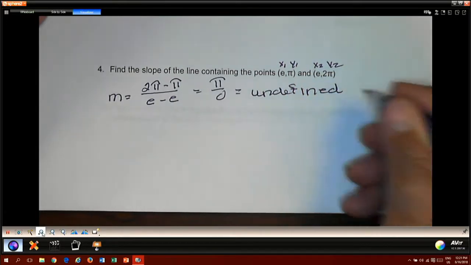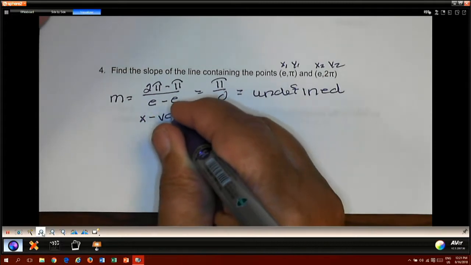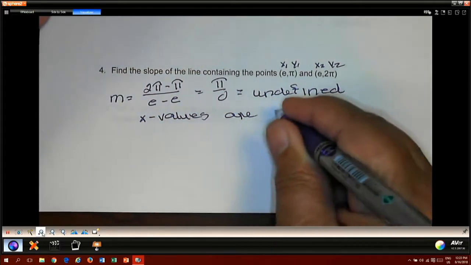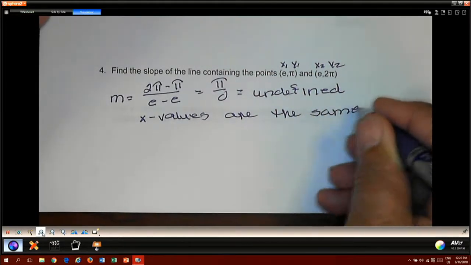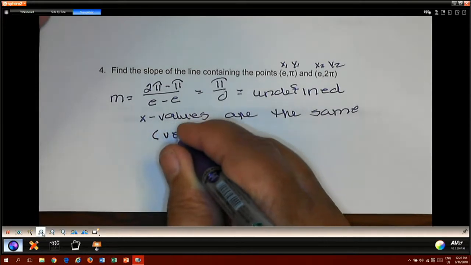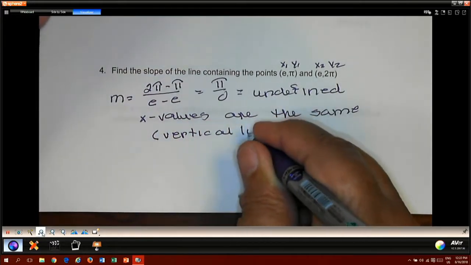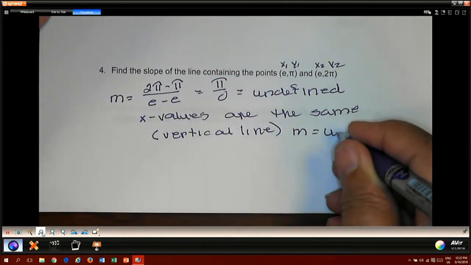It's undefined because we cannot divide by 0. So if the x values are the same, that means when we graph it, it is a vertical line. The slope is undefined.